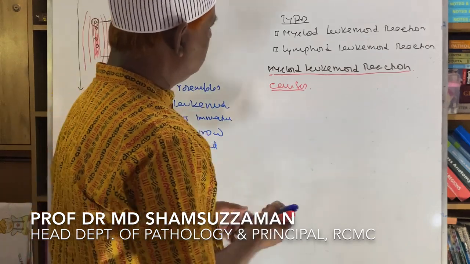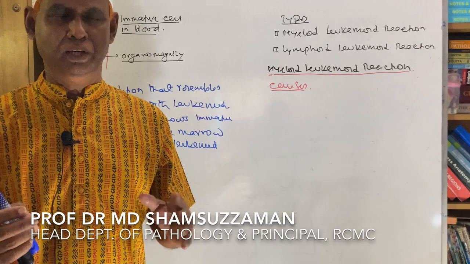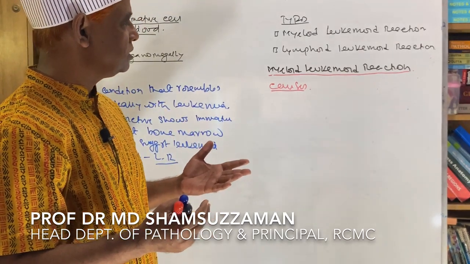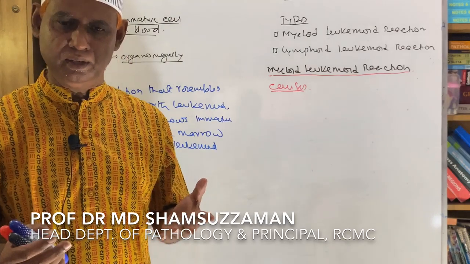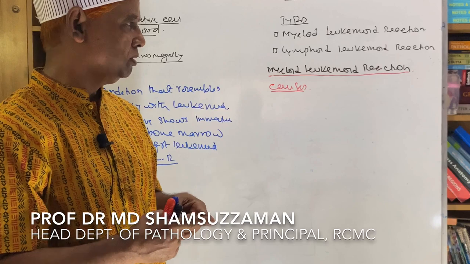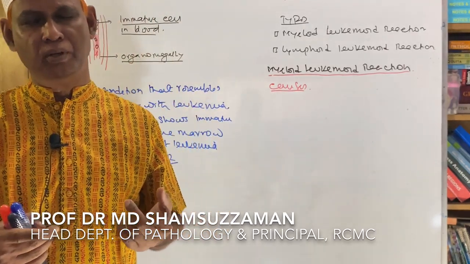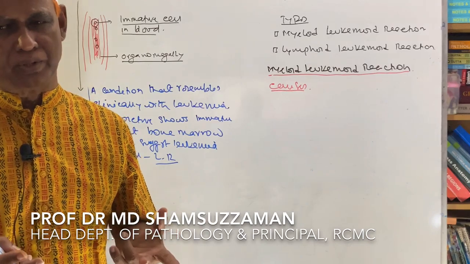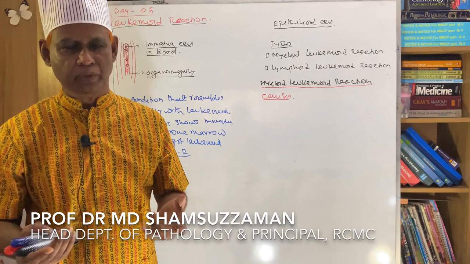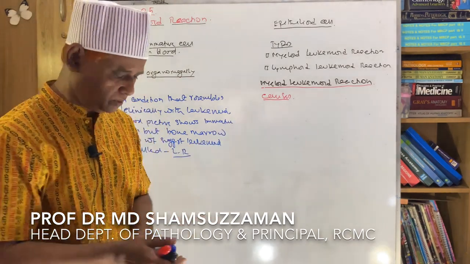Dear audience, the conditions where there is leukocytosis with predominating cells being the neutrophil may be the causes of myeloid Leukemoid reaction. Again we repeat, the conditions where we get neutrophil leukocytosis are the diseases and situations that cause myeloid Leukemoid reaction.